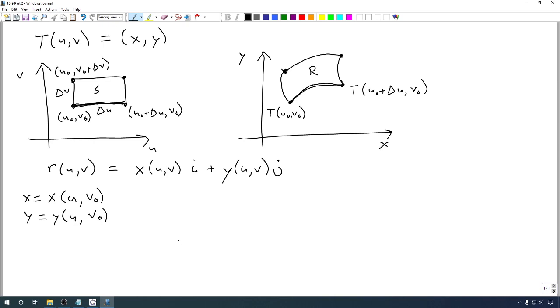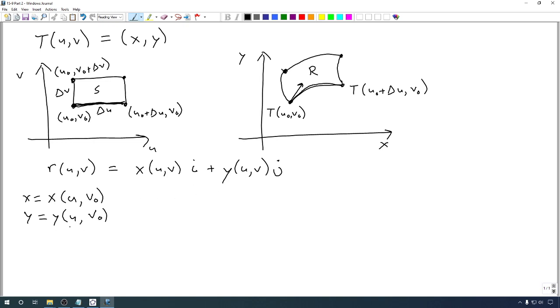And we can actually get the tangent vector to that curve, basically the vector that is tangent to that curve at this point, by differentiating. Basically, the derivative of these functions with respect to u, because v naught is constant.